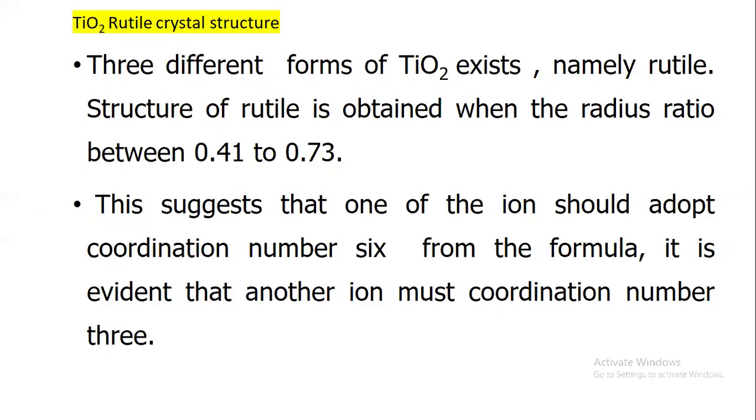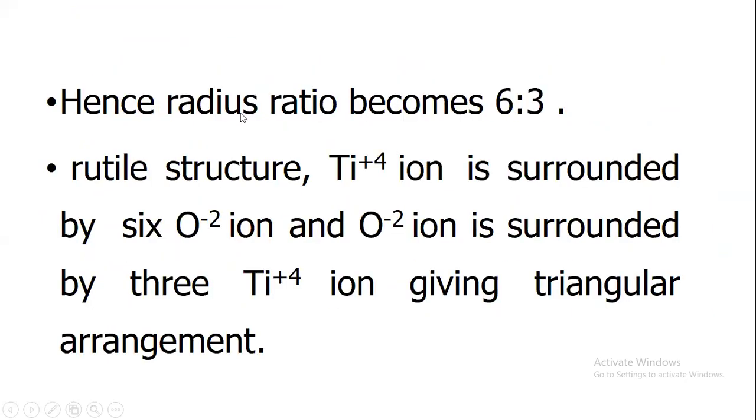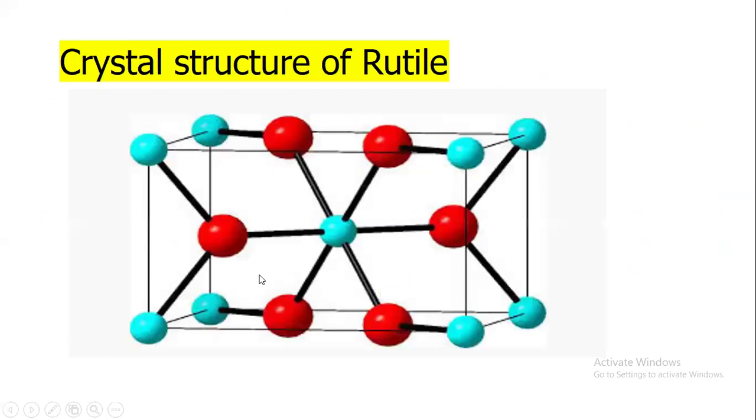This suggests that one of the ions should adopt coordination number 6. From the formula, it is evident that the other ion must have coordination number 3. Hence, the coordination is 6:3. In the rutile structure, the titanium 4+ ion is surrounded by 6 oxide ions, and the oxide ion is surrounded by 3 titanium ions, giving a triangular arrangement.